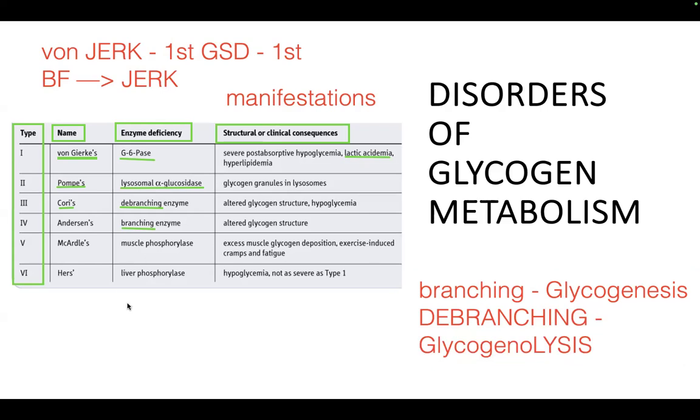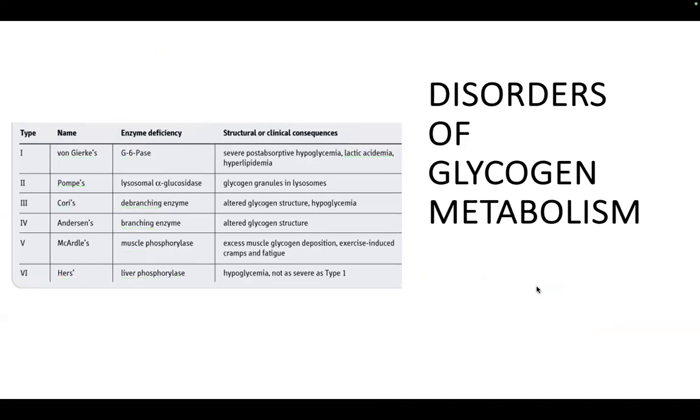Now, McArdle's, the deficiency in McArdle's is the muscle phosphorylase. Hers disease, which is type 6, is liver phosphorylase. So please remember this.